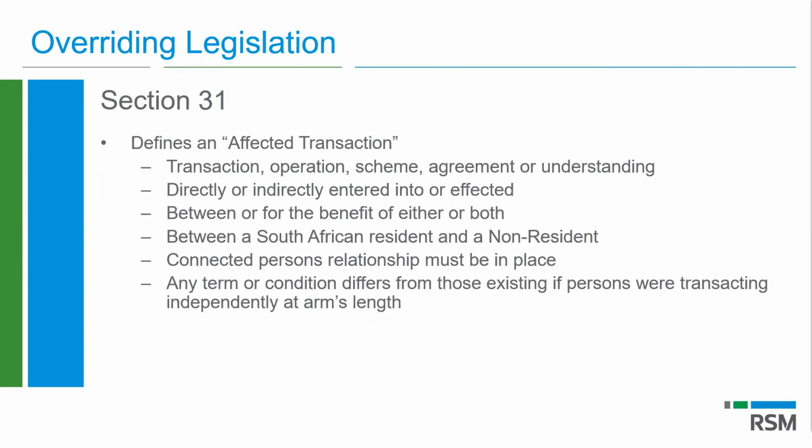So our overriding legislation is Section 31, and Section 31 defines what is referred to as an affected transaction. This is an important definition because if you don't have an affected transaction, by implication, Section 31 cannot apply. So an affected transaction is a transaction, operation, scheme, agreement, or understanding that directly or indirectly is entered into or affected between or for the benefit of either or both a South African resident and a non-resident.